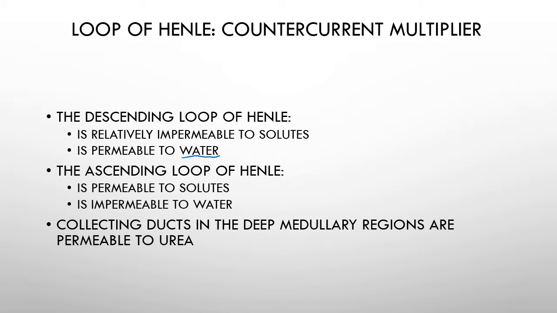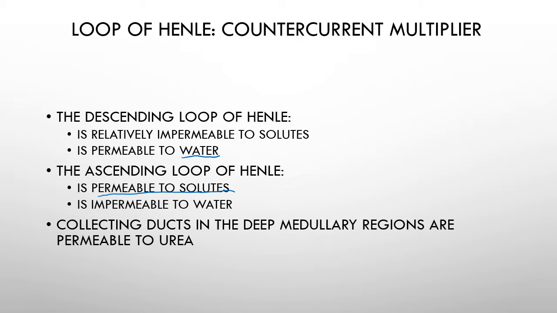Then as we come back up the loop of Henle, this part is now permeable to solutes and impermeable to water. So we're going to leave the water in there, but we're going to take the solutes out. That makes the filtrate inside the tubule a lot less concentrated at the top of the ascending loop than it was down at the bottom of the loop.